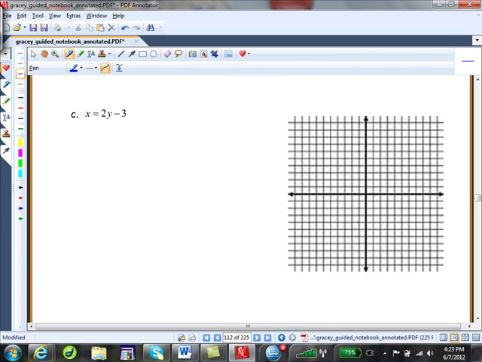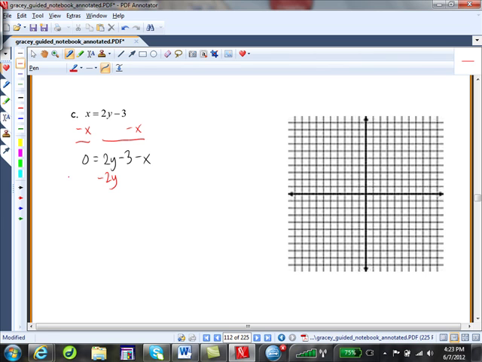This one was kind of a sucker problem, wasn't it? They isolated the other variable just to trick you, the evil math people. So here, what we want to do is let's get x on the other side. So then we'll have 0 is equal to 2y minus 3 minus x.